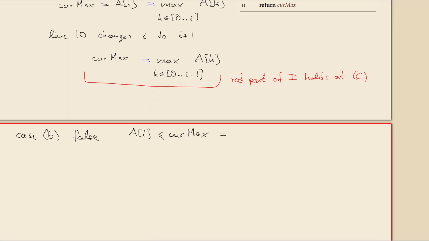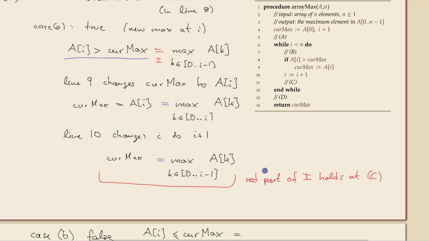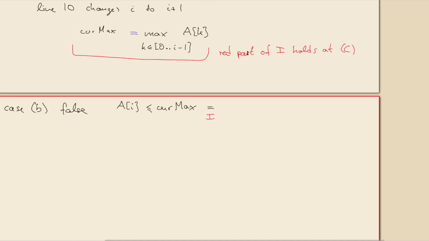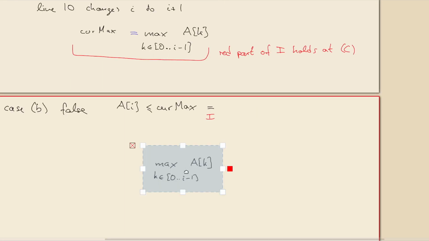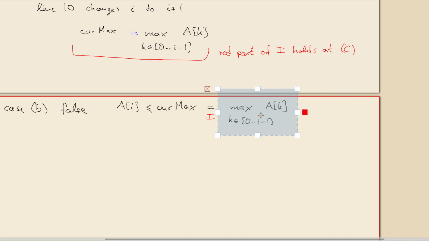And current max by the loop invariant still is this. It's almost indicating we're doing too much copying. So that's still true because it only uses the loop invariant.